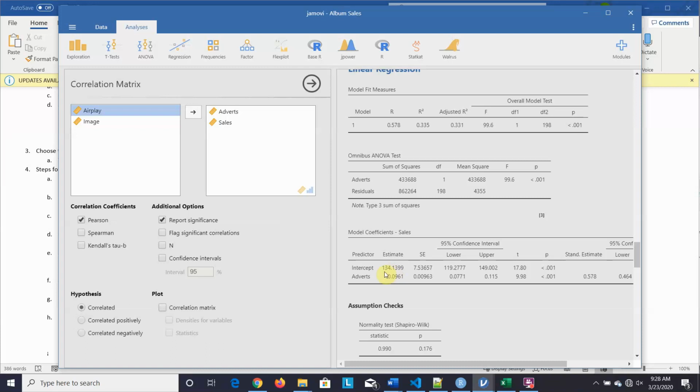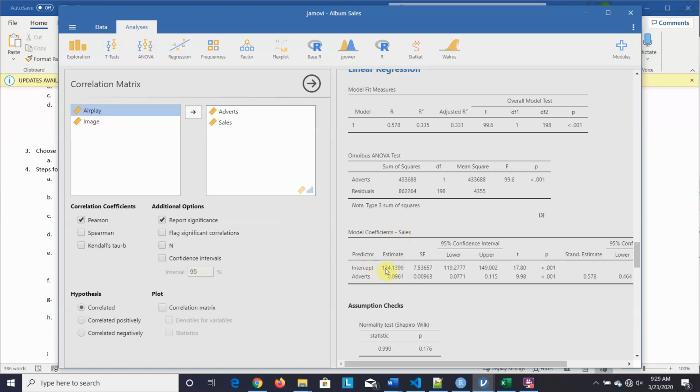And the way you interpret this estimate for advertisement, and what I'll just memorize to say, is for every 1 point increase in advertising, we see a 0.096 increase in sales.